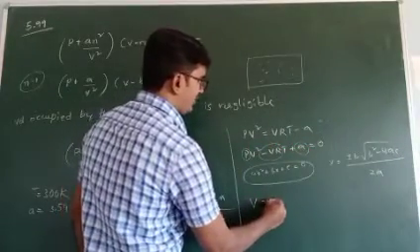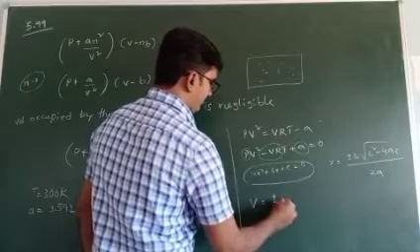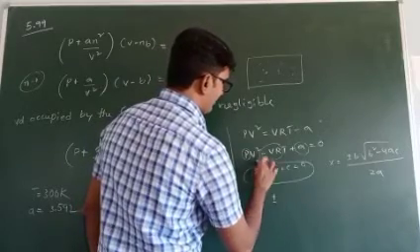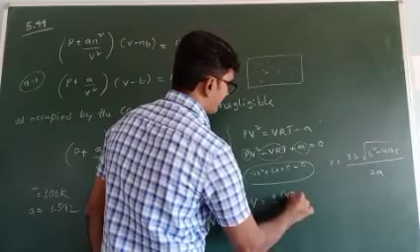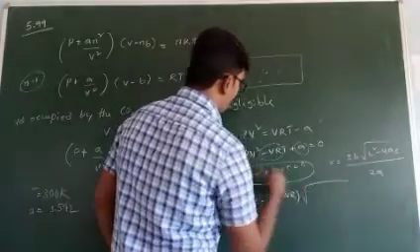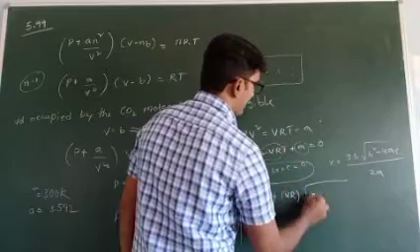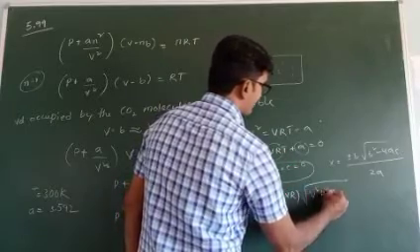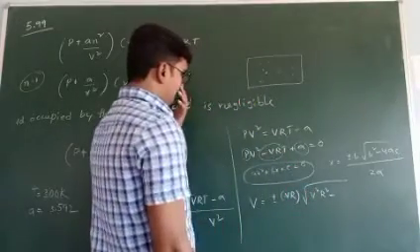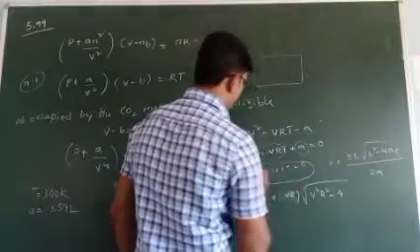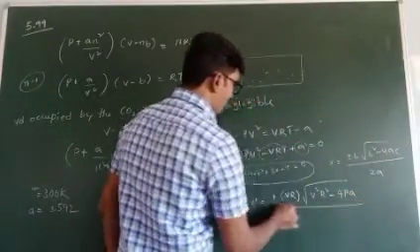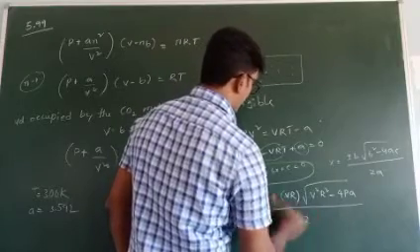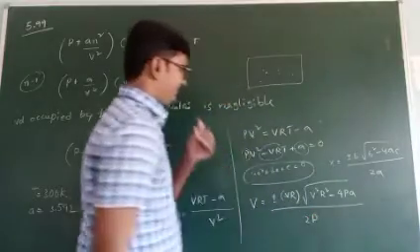Then V equals VRT plus or minus root of V square R square T square minus 4 P a, divided by 2a, 2 into P.